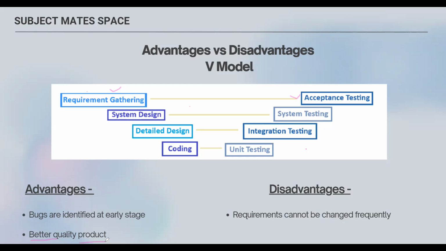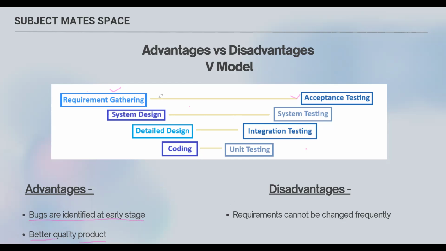So an advantage of the V model is that bugs are identified at a very early stage, and we build a better product. Now, what are the disadvantages? The only disadvantage is that requirements cannot be changed frequently. If the requirements change frequently, then we need to do the testing and validation part again and again, which is not feasible for big projects.